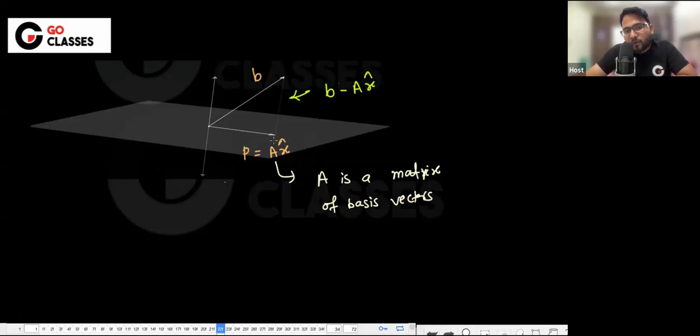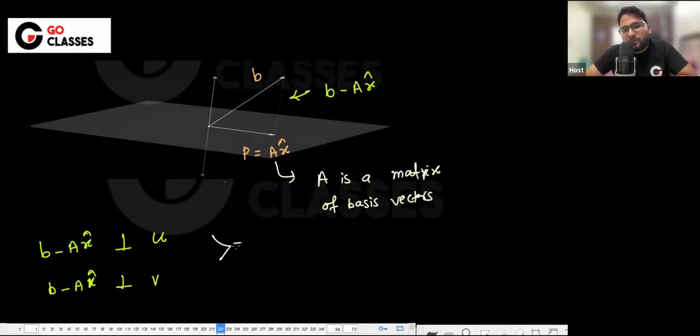So you can say b minus Ax cap is perpendicular to the columns of A, which could be u and also v, right? Okay.